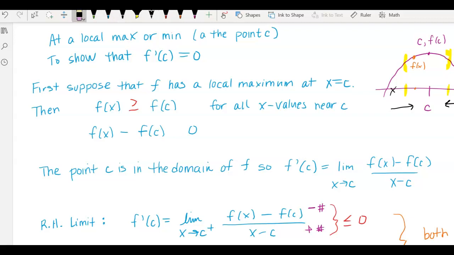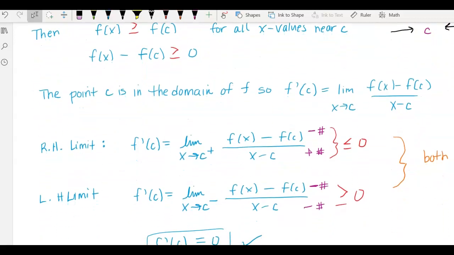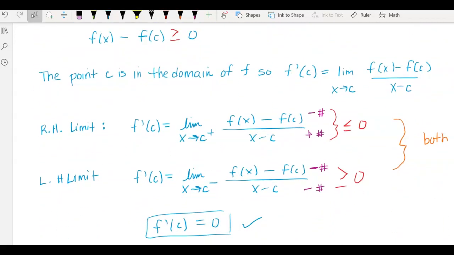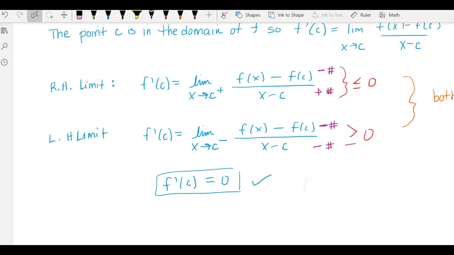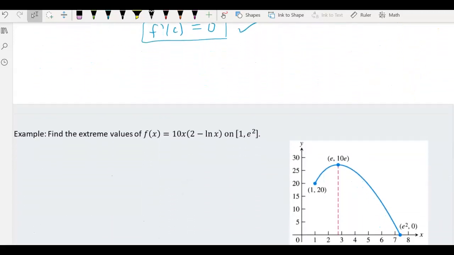And so then this would have changed to greater than or equal to 0. Same thing would happen down here with the fractions of the limits. We would have positive over negative versus negative over negative, and we would get these two limits sandwiched in between 0. But either way, we've shown that the derivative at any critical point is going to equal 0, which is really useful for finding absolute max and min points.